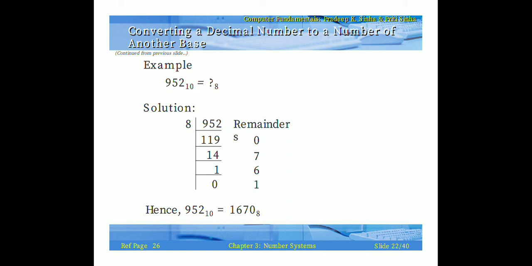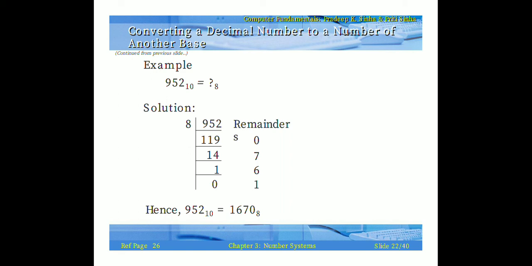Next number will be 119. For 119, again you divide by 8. 8 14s are 112, the remainder is 7. Next, for 14 you divide by 8 again. 8 1s are 8, 6 is the remainder. Then 1 is less than 8, so 1 divided by 8 gives quotient 0 and remainder 1.